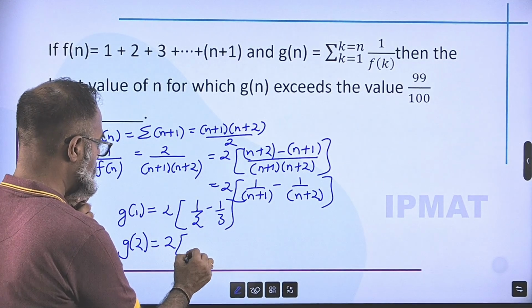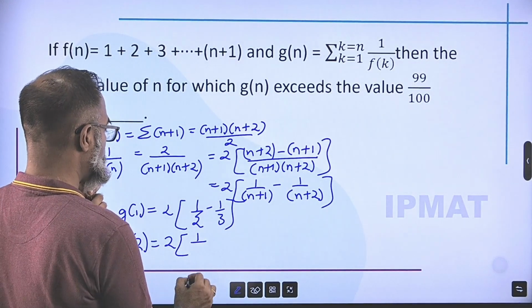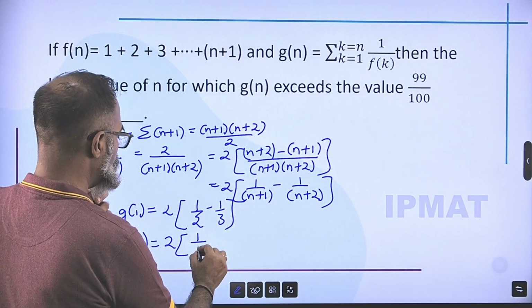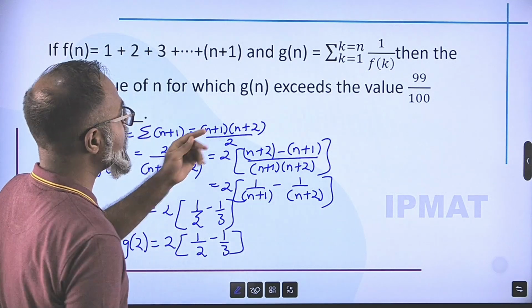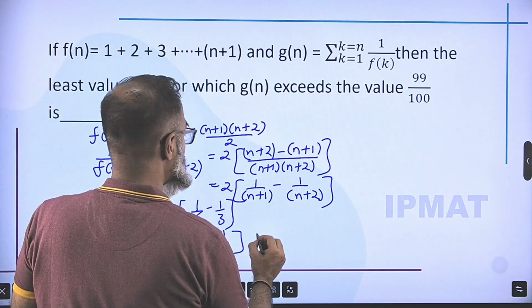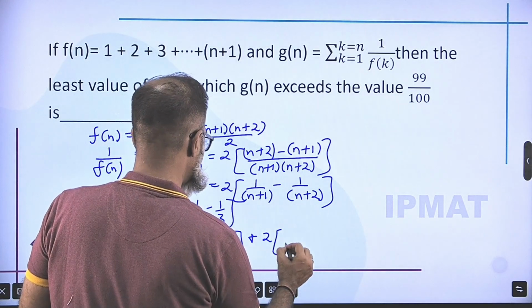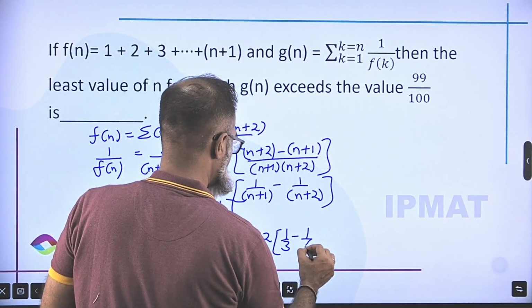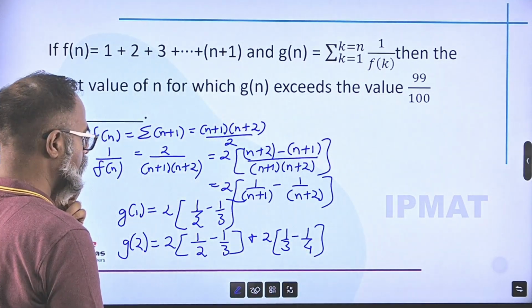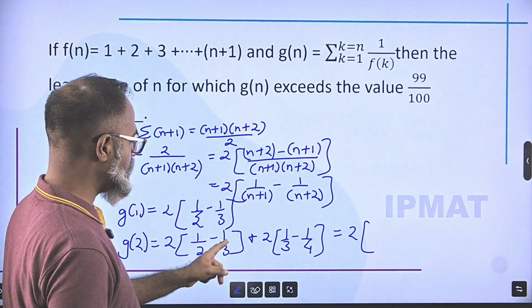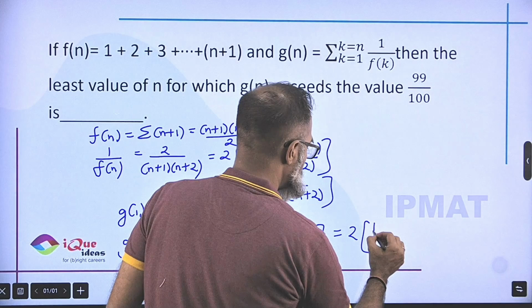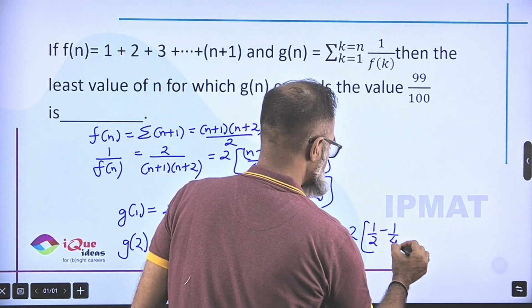So 2 is common, 1 upon 2 minus 1 upon 3, but that is the summation, right? Plus 2 times 1 upon 3 minus 1 upon 4. So 2 is common, 1 upon 2 minus 1 upon 3. So 1 upon 3 gets cancelled. So 1 upon 2 minus 1 upon 4.